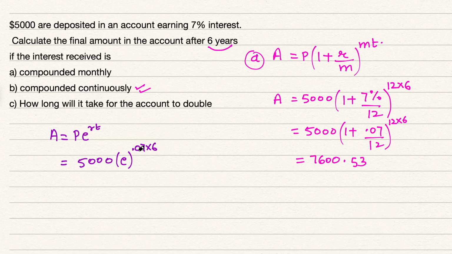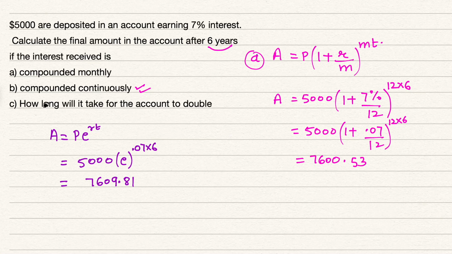Here it is applied once, because e has already taken everything into account. Okay. This is 7,609.53. No, sorry, 81 cents. See, it's more than this.